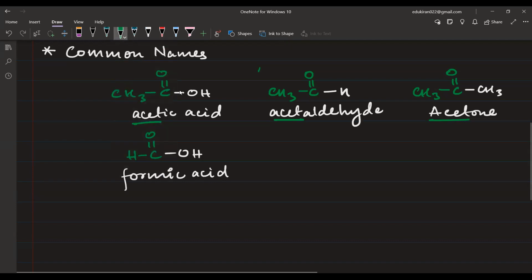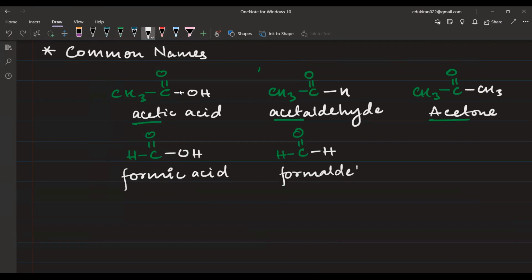Again, if you have HC double bond O and you add a hydrogen here, this becomes formaldehyde. Both of these are very important.